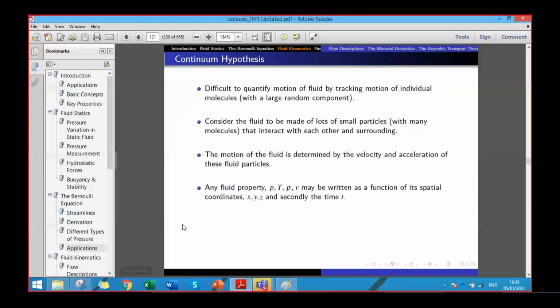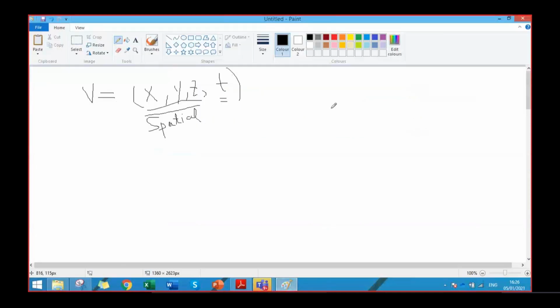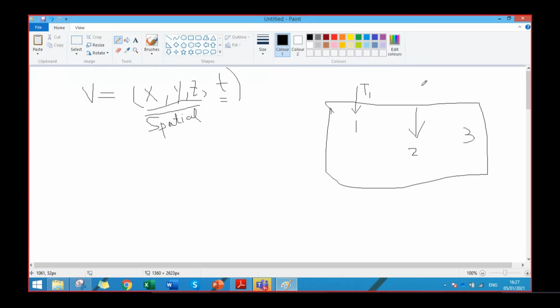So let's say if we talk about the temperature, temperature will also be a function of the space. How can it be a function of space? Let's say this is a fluid volume. I measure temperature at this location 1, at this location 2, and at this location 3. So T1 is at one location, T2 is at another location, and T3 is at another location.